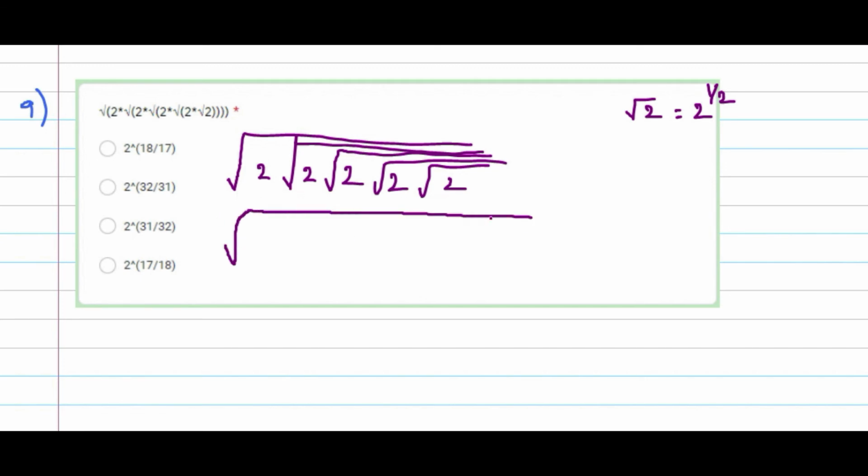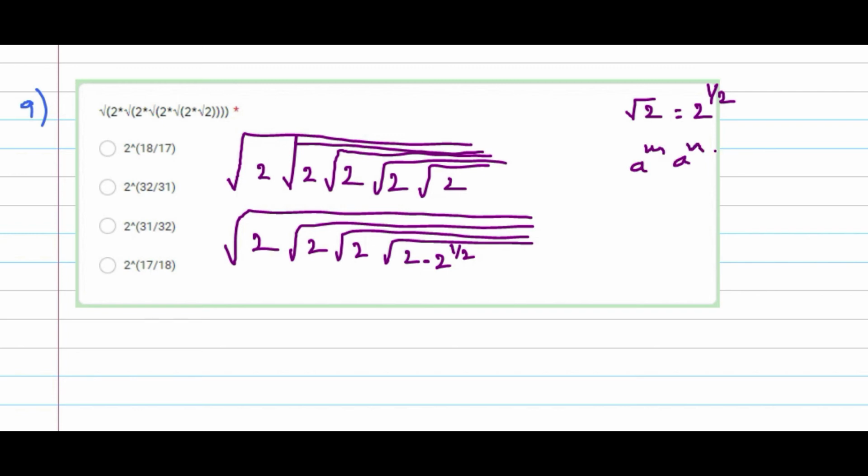So first root 2, root 2 and root 2 into 2 power 1 by 2. And as you know, a power m into a power n is equal to a power m plus n.